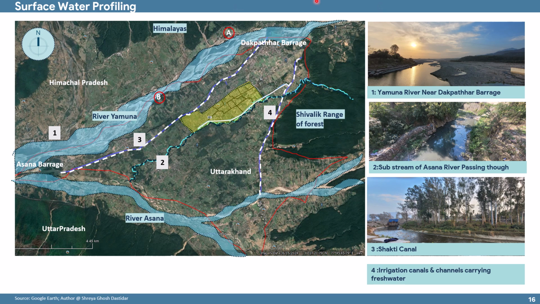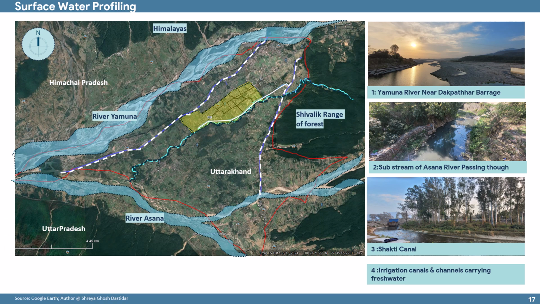Geographically also, the city is nestled in an ecologically fragile and rich environment, as towards the north lies the Himalayas, towards the east the Shivalik range of forests, and the south and west are surrounded by rivers already mentioned.